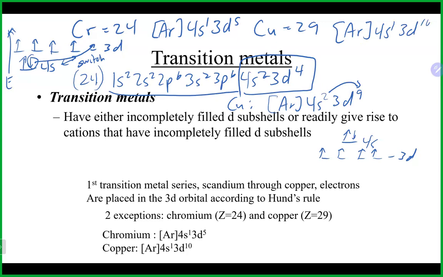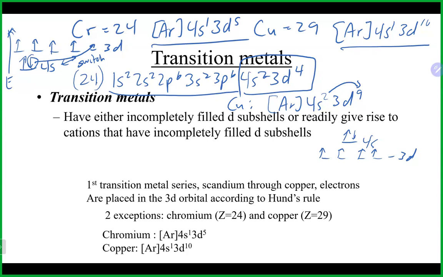It fills in the d orbitals and gives the s orbital an unpaired electron, which ends up being higher in energy. And again, that makes it a little bit more stable in that case. So these are two exceptions you need to be aware of. You need to be able to write their electron configurations correctly, chromium and copper.